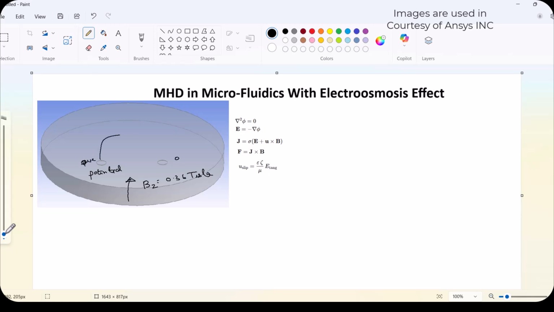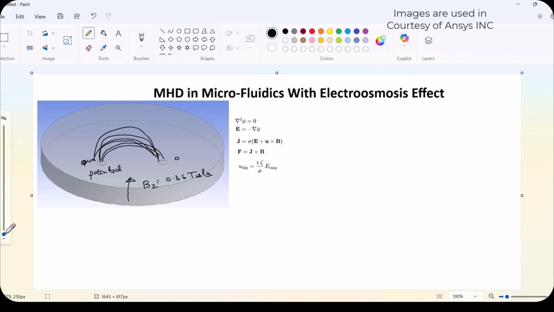So there are electric field lines present here, and these electric field lines are not constant, as they vary with respect to space, the electric permittivity varies in space, and this Bz is a constant value applied in the direction perpendicular to the plane.